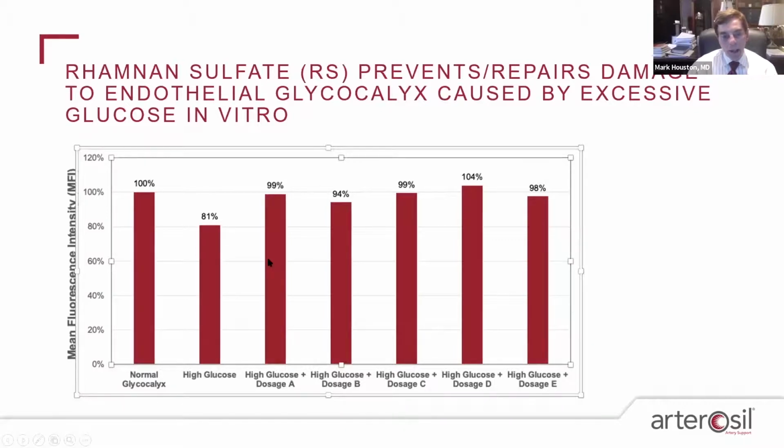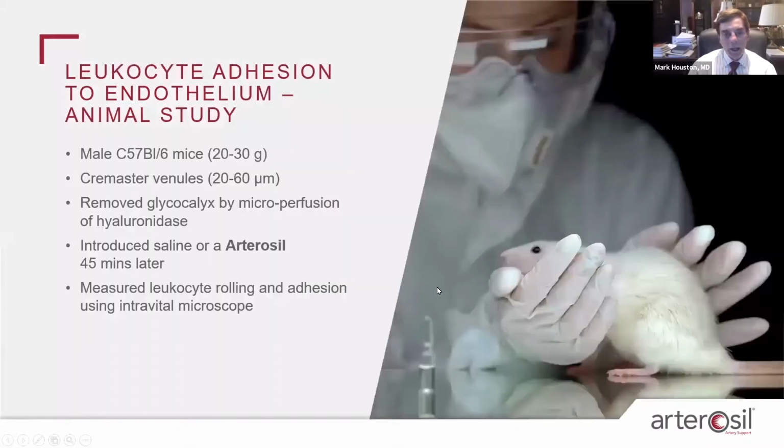Then we go back to a high glucose content, dosage A, B, C, D, and E. So very quickly, glucose in high doses can damage the glycocalyx. And long term, it's not just the amount, but also the duration that can damage both the endothelial lining and glycocalyx. In addition, leukocyte adhesion is very dramatic in atherosclerosis.